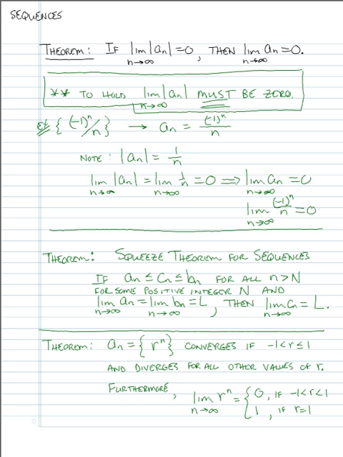It could be equal to 1. So it converges for those types of r values. For instance, if we looked at the sequence of 1/2 to the power n, the r in this case is 1/2, and that r value is between -1 and 1, so this converges.